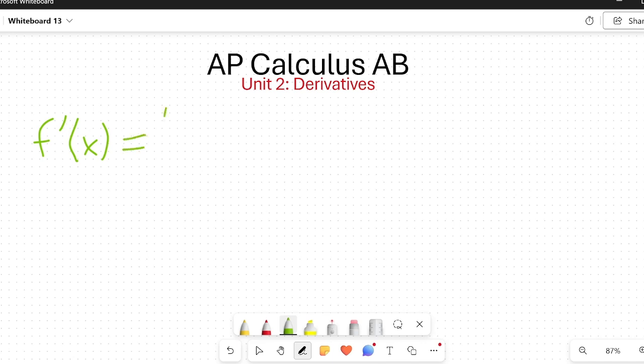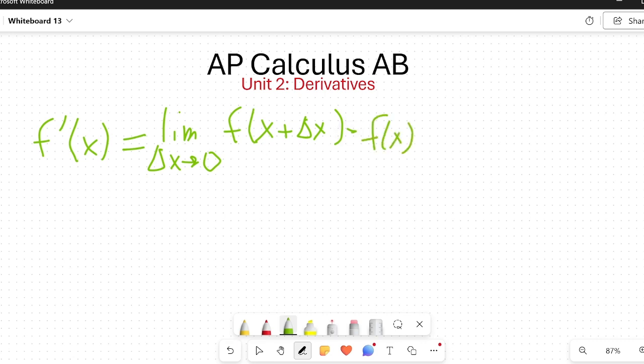It will be equal to the limit as delta x approaches 0 of f of x plus delta x minus f of x over delta x.